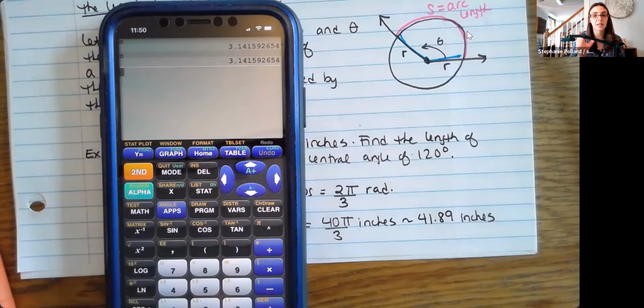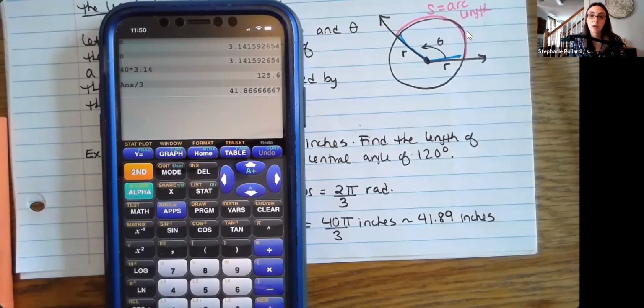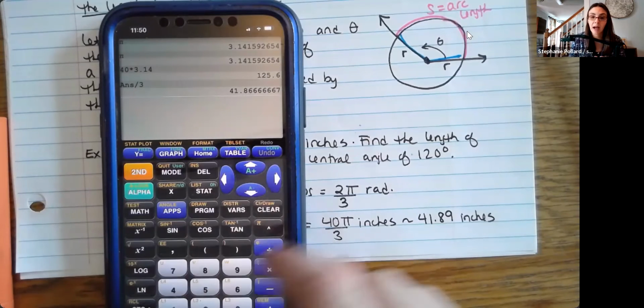Use all those decimals to ensure that you have a more accurate answer. If you don't, I guarantee you'll be off. If I did 40 times just 3.14 and divided it by 3, I'm getting 41.87. So if I'm rounding to two decimal places, that would be incorrect. So you want to use extra decimal places if your calculator does not have a pi feature on it.